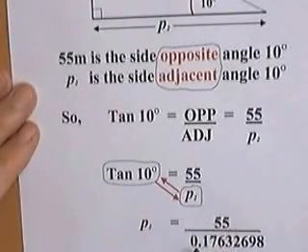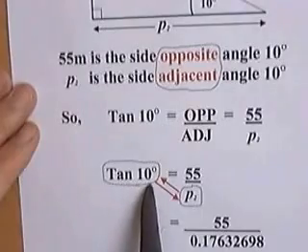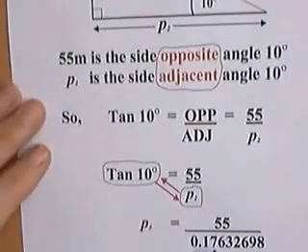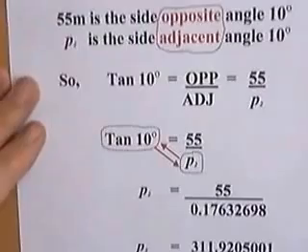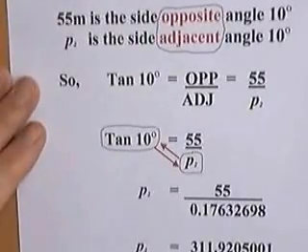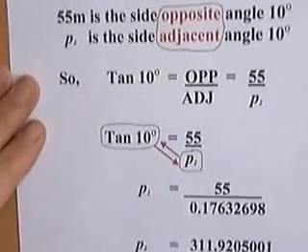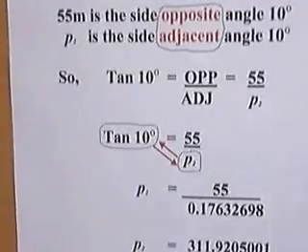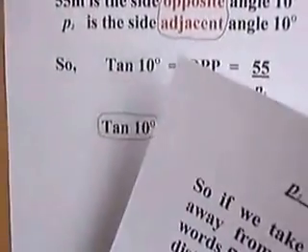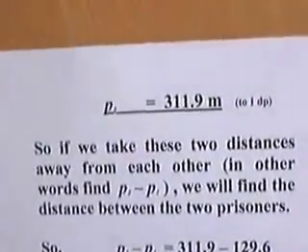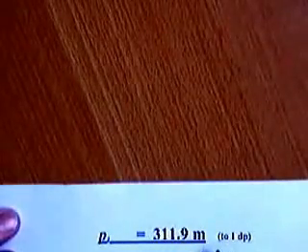P2 is equal to 55 divided by that long decimal. This long decimal is what your calculator will give you for the tan of 10 degrees. When you divide that into 55, you will get 311.920501, which to one decimal place is 311.9 meters.